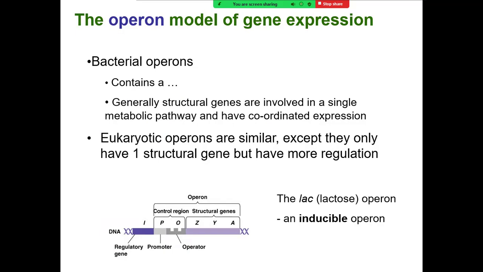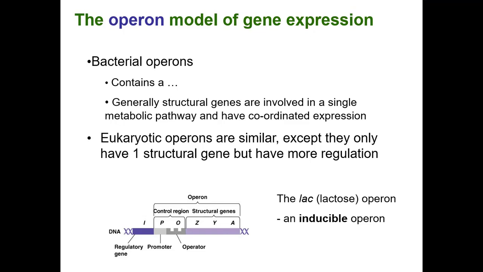So the Y gene allows the sugar lactose to move through the cell membrane. And then the A gene is involved in the metabolism of galactose. It's involved in converting galactose to the sugar glucose.